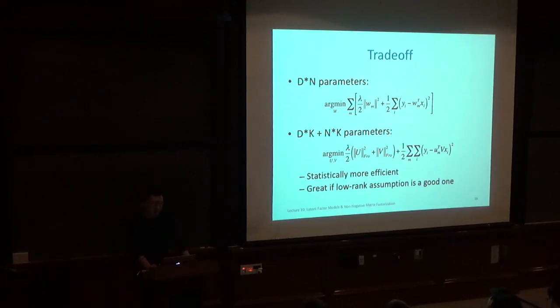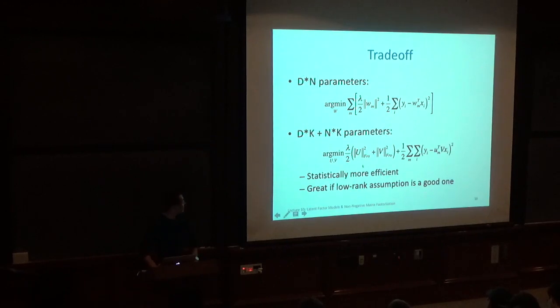So why might this be good? In the original problem, if we treat everything as an independent task, we have d times n parameters to estimate. In this version, we have d times k plus n times k parameters to estimate.